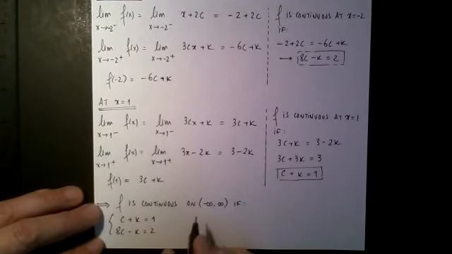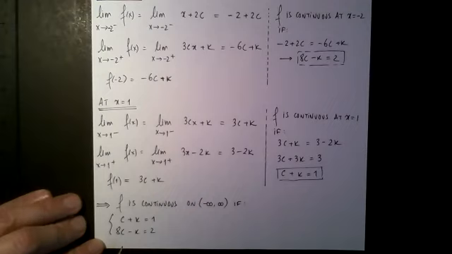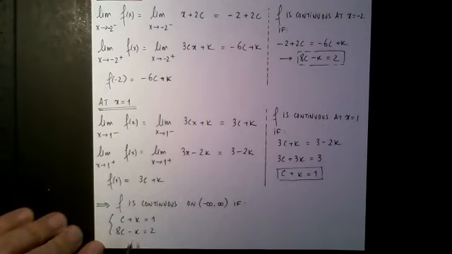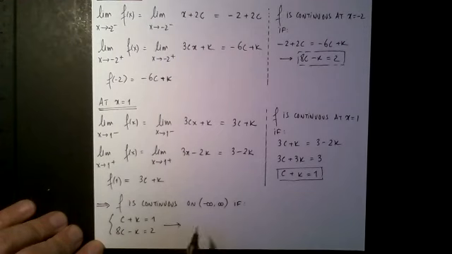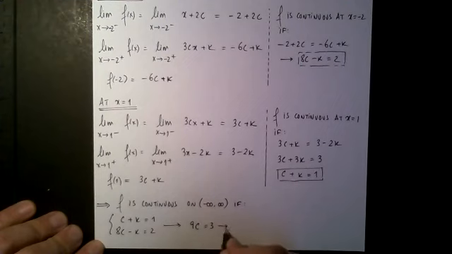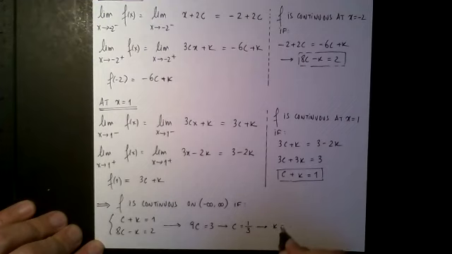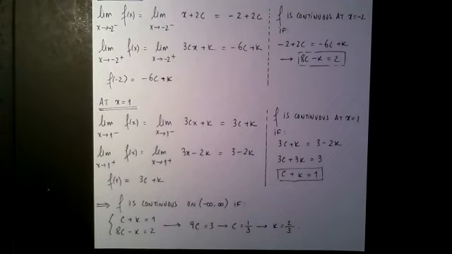This is my system. You know how to solve this? I guess you do. So I would just add the two equations. If you add the two equations, the k's will cancel. So I'm going to get 9c equals 3, which means that c equals 1/3. And if c equals 1/3, I plug it in here, I get k equals 2/3. There you go. These are my values that would make my function continuous everywhere.